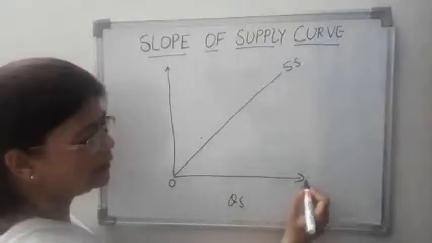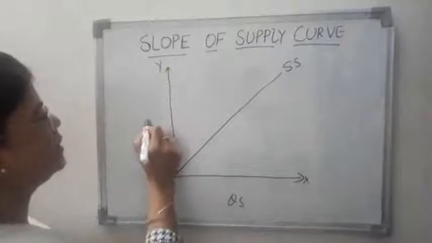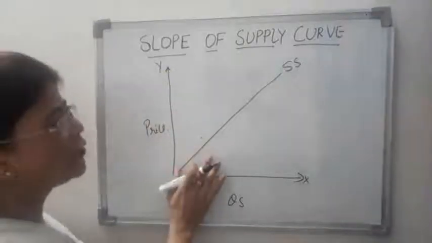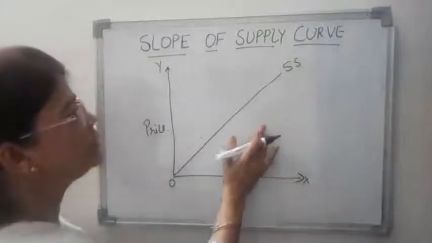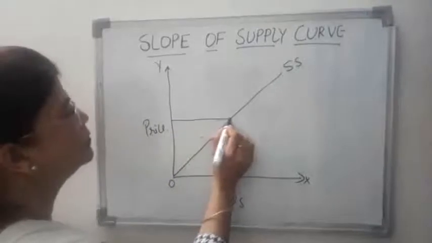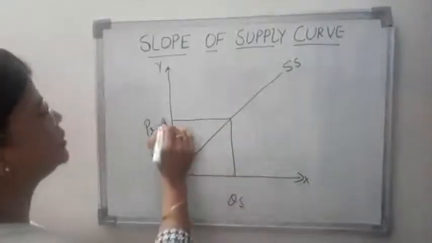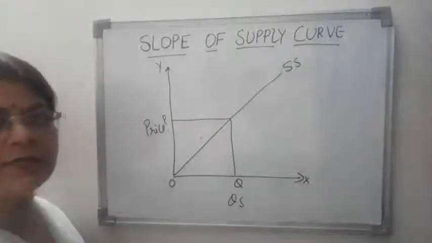Quantity supplied I am taking on the x axis and on the y axis I am taking the price. So we have got a curve like this, and this is the supply curve, which is an upward sloping curve and shows the direct relation between the price and quantity supplied.